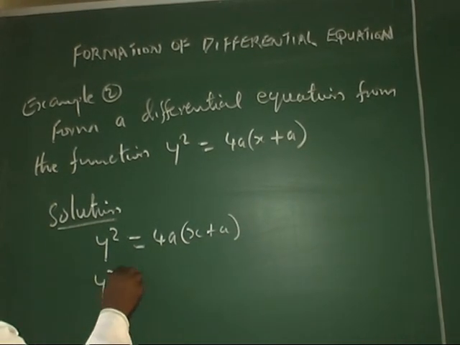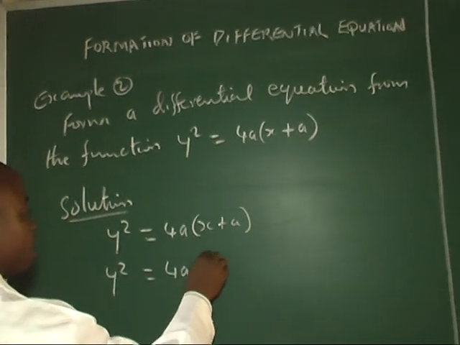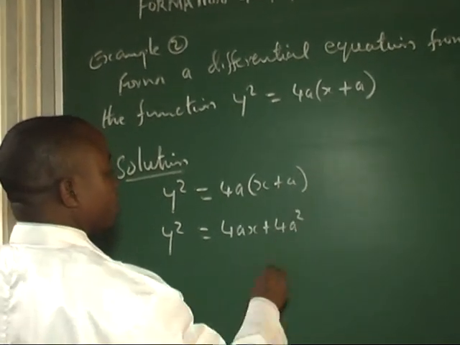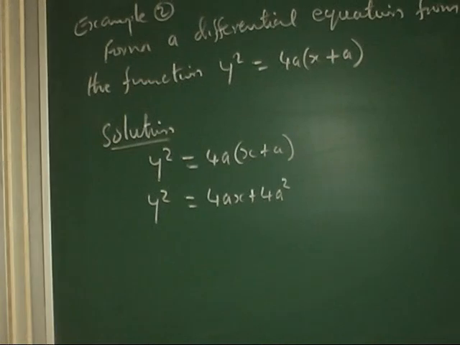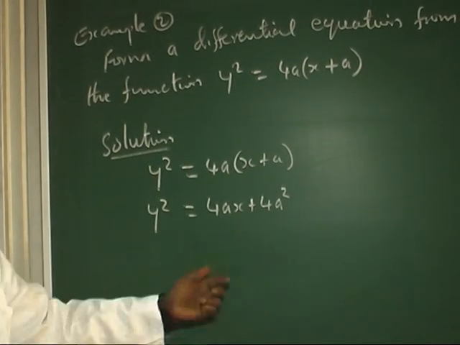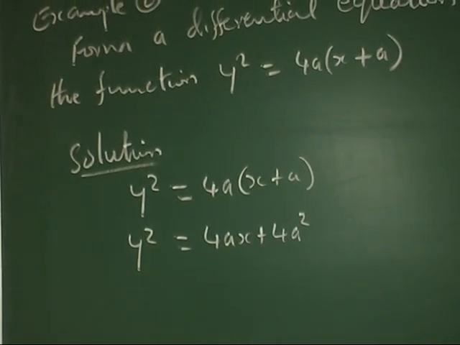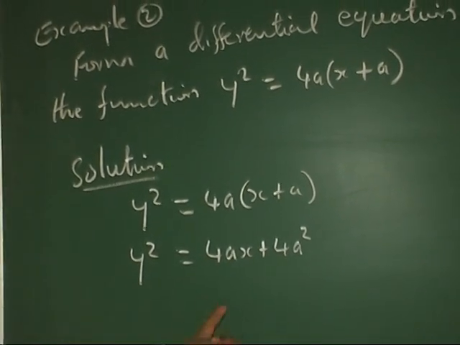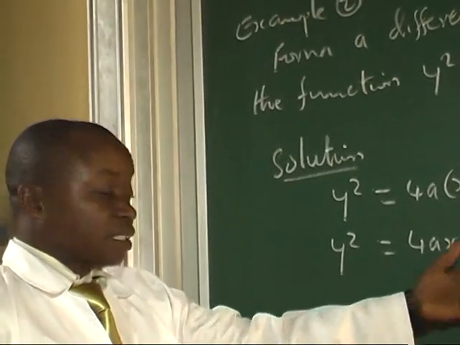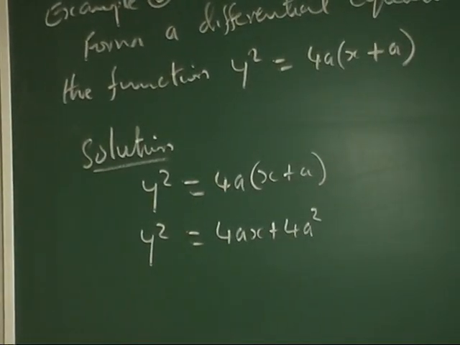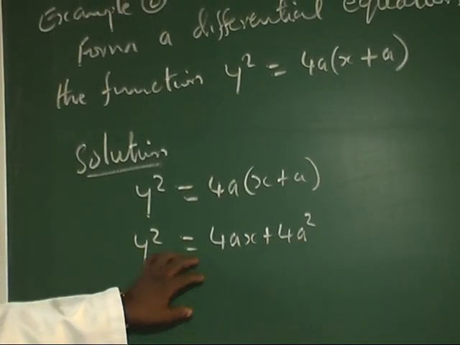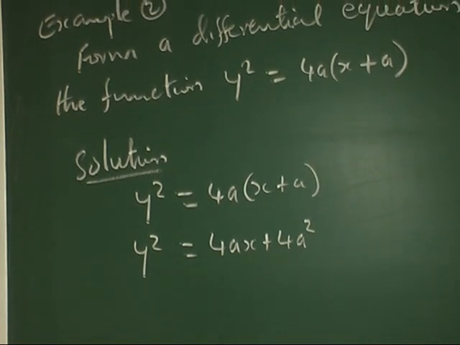That implies that y squared is equal to 4ax plus 4a squared. Now, how many constants do we have? You see that we have one constant, a. Of course, a and a squared are still the same constant. So one constant, and so we expect a differential equation of first order.